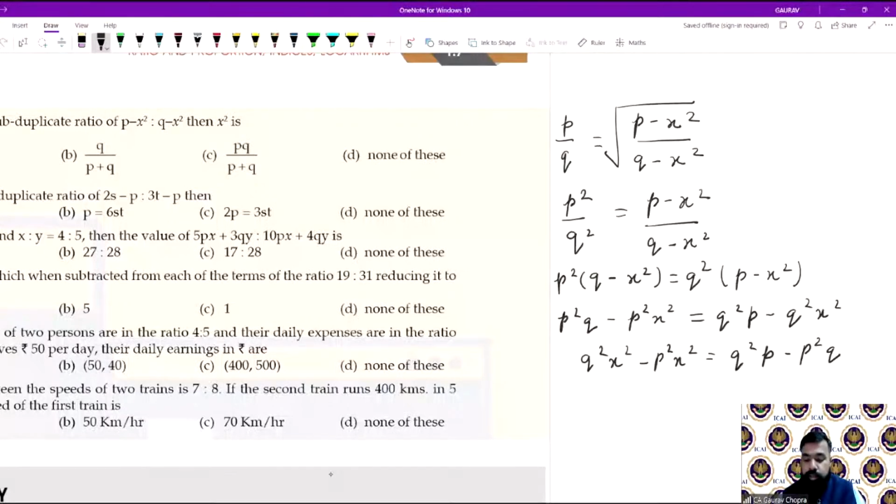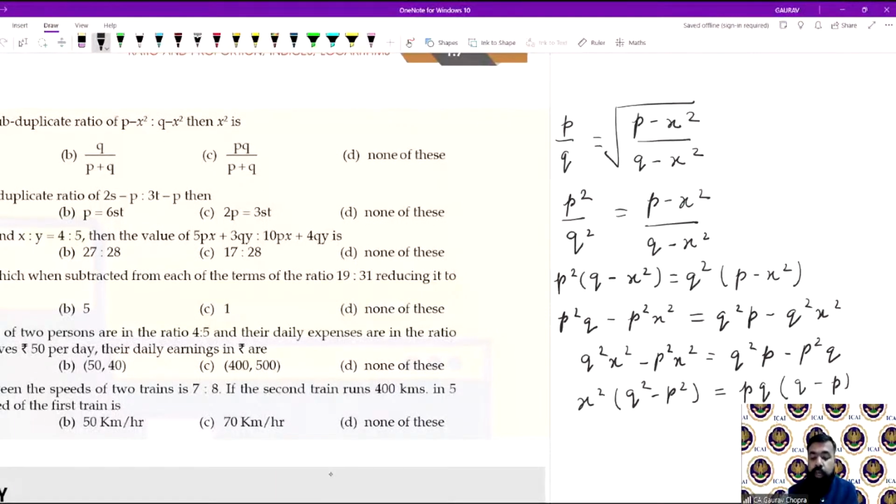Taking some common values, let us take x square as common. What is left? Q square minus P square. And here, if we take PQ as common, how much are we getting?